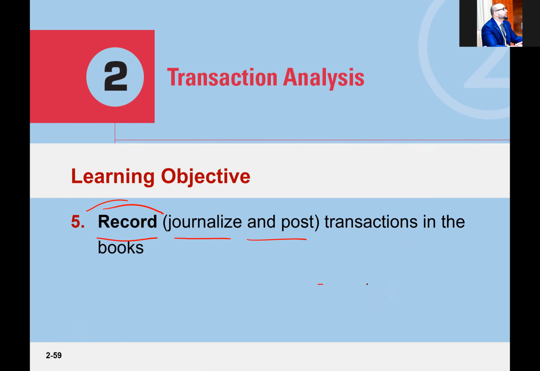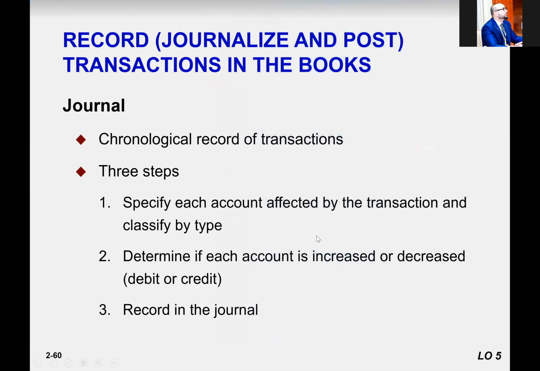Posting means that you are posting into the T account. Journalizing means how this entry is to be recorded, which two accounts we need to hit, or at least two accounts it needs to hit, and we record that. Let's talk about the journal first. This is not journal with G.